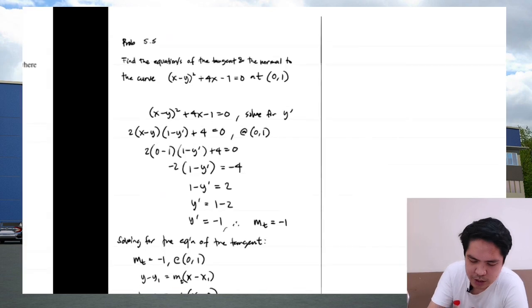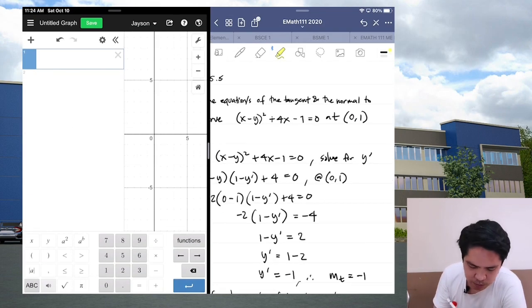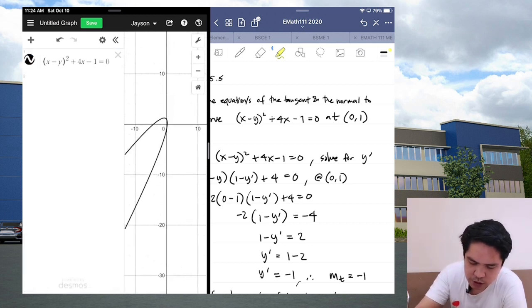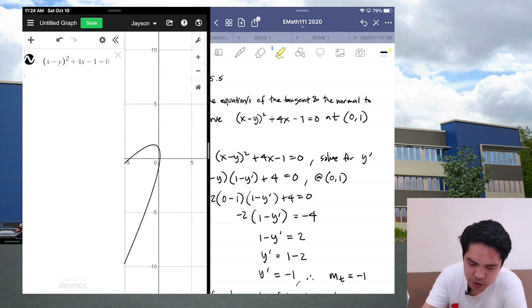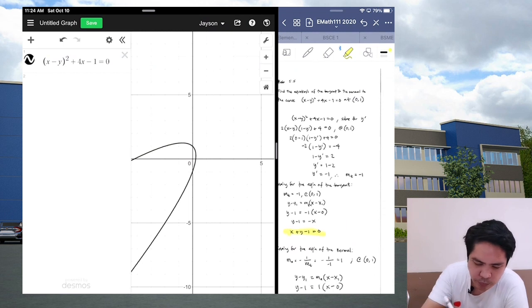So let us check this using our graphing tool again. Using our graphing tool, let's plot x minus y squared plus 4x minus 1. That's equal to 0. There. So, we have this curve that is slanted. So, it is oblique.